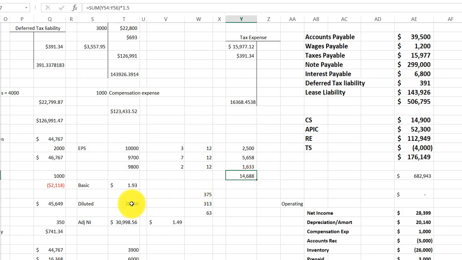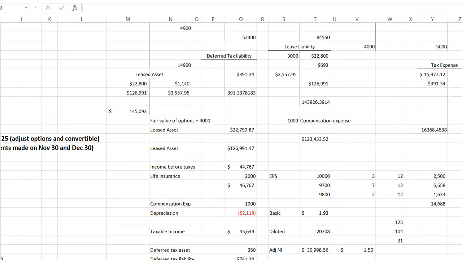All right, your diluted, you're going to have your options that affect your 300. All right, turning to our options, this number has changed a little bit.